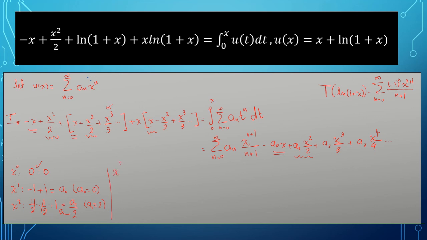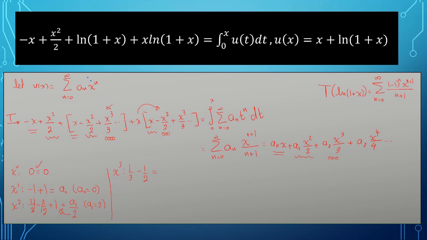For x raised to 3, we have this term, which is 1 over 3, and we have this term, which is minus half. Don't forget this x. Okay, so minus half, and on the other side we have a_2 over 3.